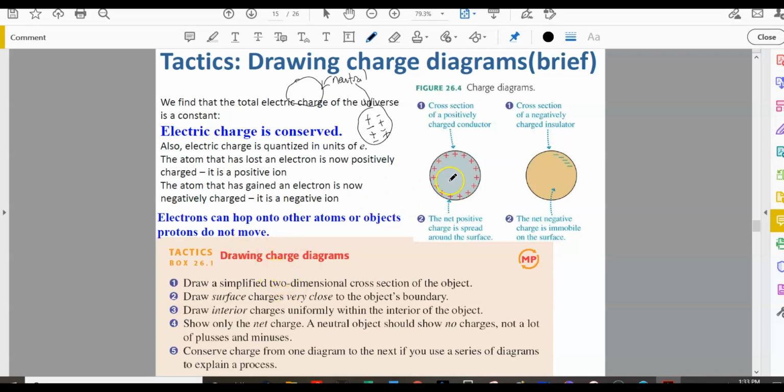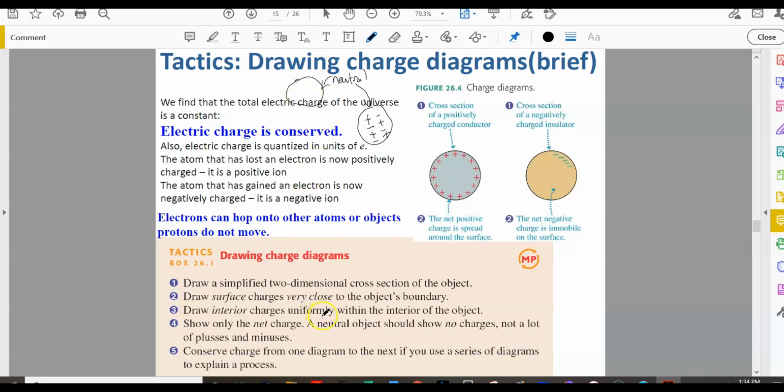So if you're going to be drawing this, if it's on an insulator, you're going to draw where the charges land. They're not going to move. And on a conductor, you're going to want to draw it so that those excess charges are spread out, whether positives or negatives, okay? And again, on neutral objects, you don't put any charge in there.